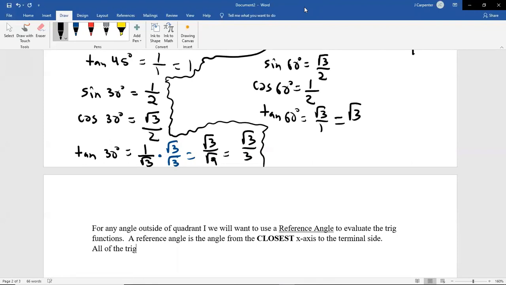All of the trig functions, again, leap of faith for now, will be identical for the original angle and its reference angle, which looks like this. You still have the same theta, but you give it a little 1 as an exponent. It's not actually a 1, it's not actually an exponent, it's just notation. When you see that, it's known as a prime. So that's called theta prime.